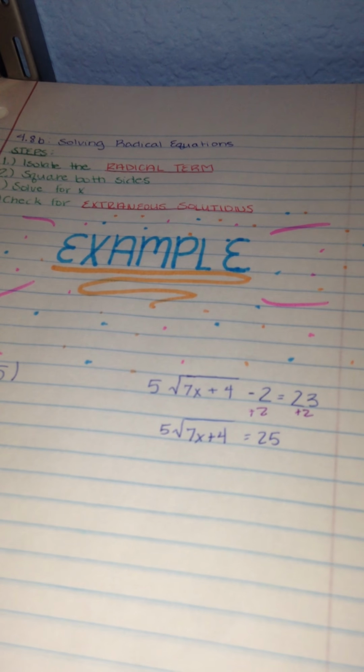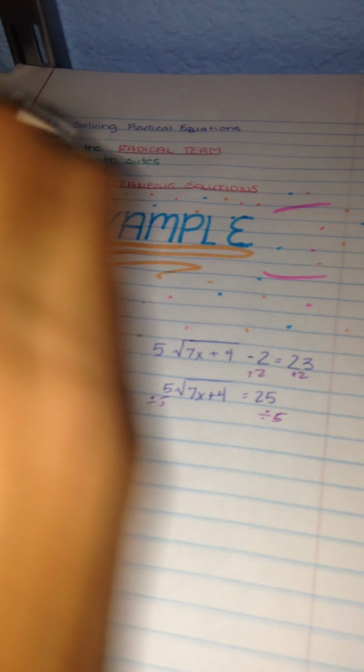Now you have 5 square root of 7x plus 4 is equal to 25. Then I would divide by 5, divide by 5. You now have the square root of 7x plus 4 is equal to 5.